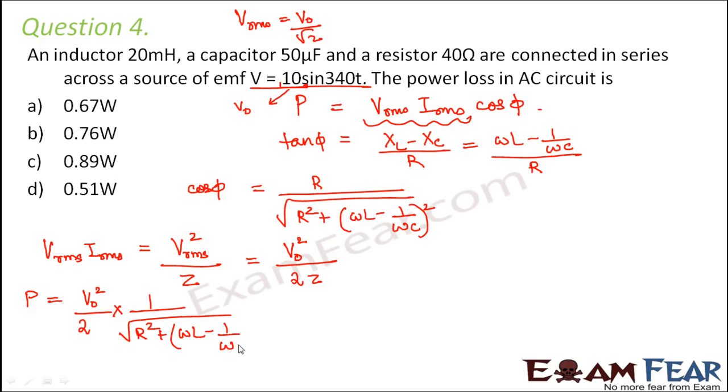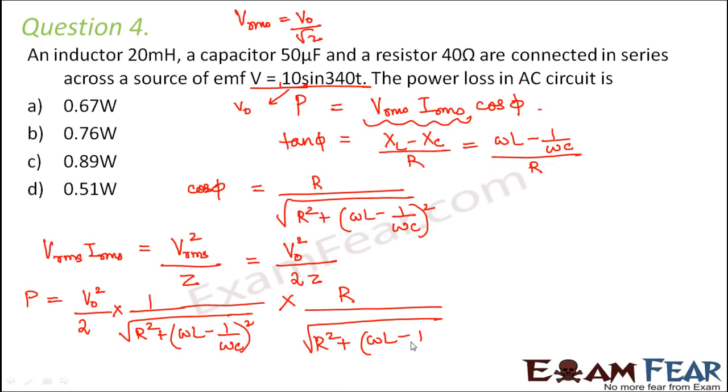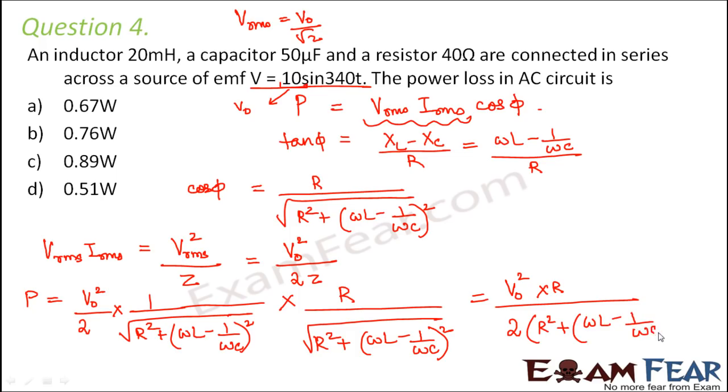So that's how we define Z. Now this multiplied by cos phi, that is R divided by root over R square plus omega L minus 1 by omega C whole square. So you see both of these are the same terms. So this can be written as V naught square into R divided by 2 into R square plus omega L minus 1 by omega C whole square.